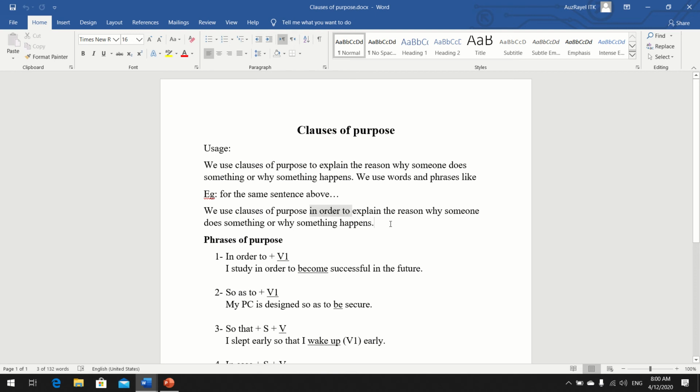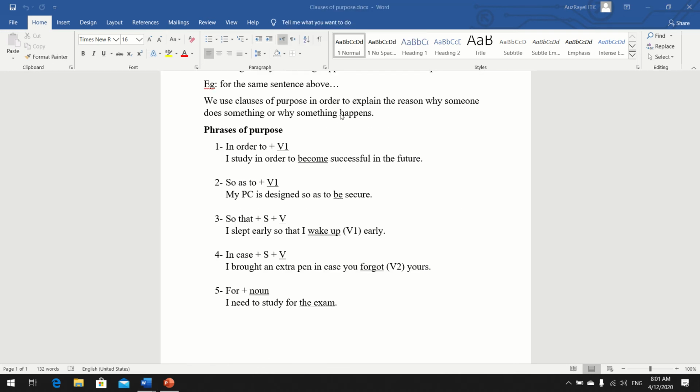So this is the same sentence that I gave you at the beginning, but using in order to instead of to. So this is a clause of purpose I could use in order to give you the reason why we do something or the purpose why we do something.